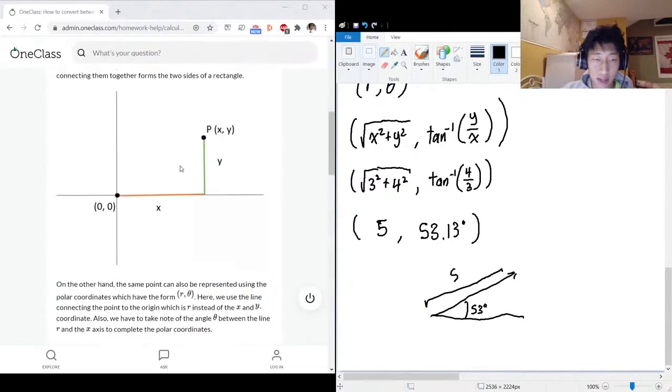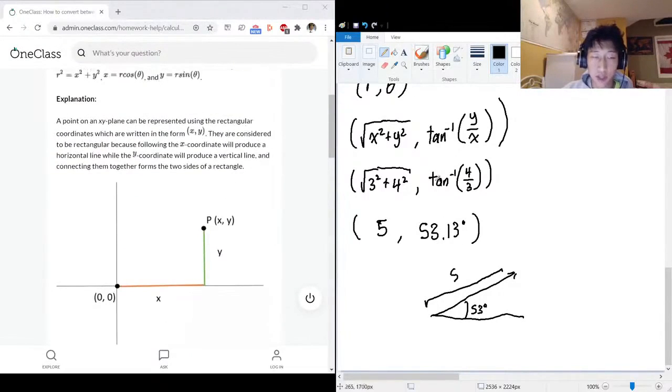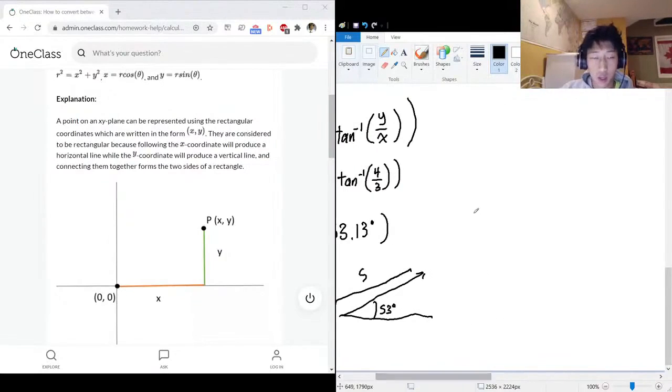Another thing to add is to go the other direction. Let's say you're given the polar coordinates and you want to go to rectangular.